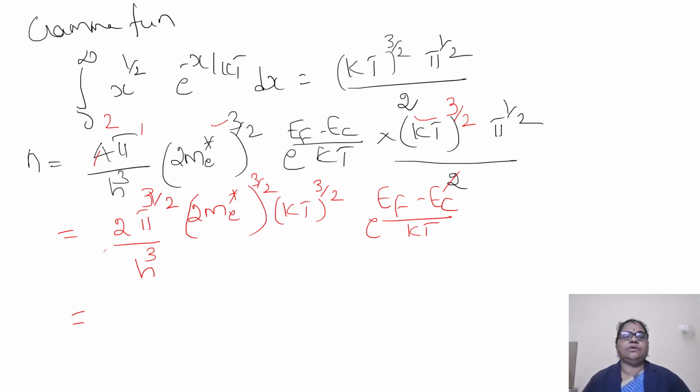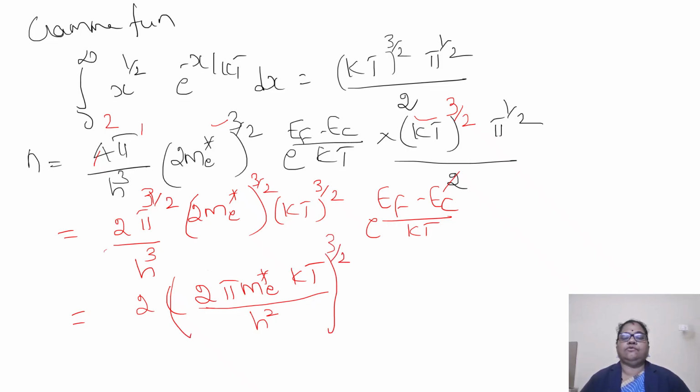Finally we can combine all the terms because all the powers are 3 by 2. Then 2 multiplied by (2 pi m e star kT) by h square, whole to the power 3 by 2, multiplied by e to the power (Ef minus Ec) by kT.